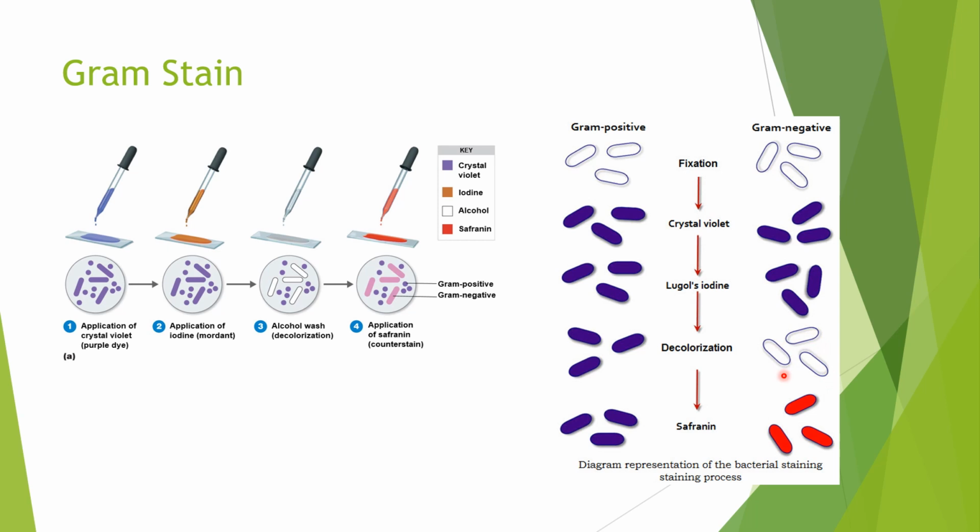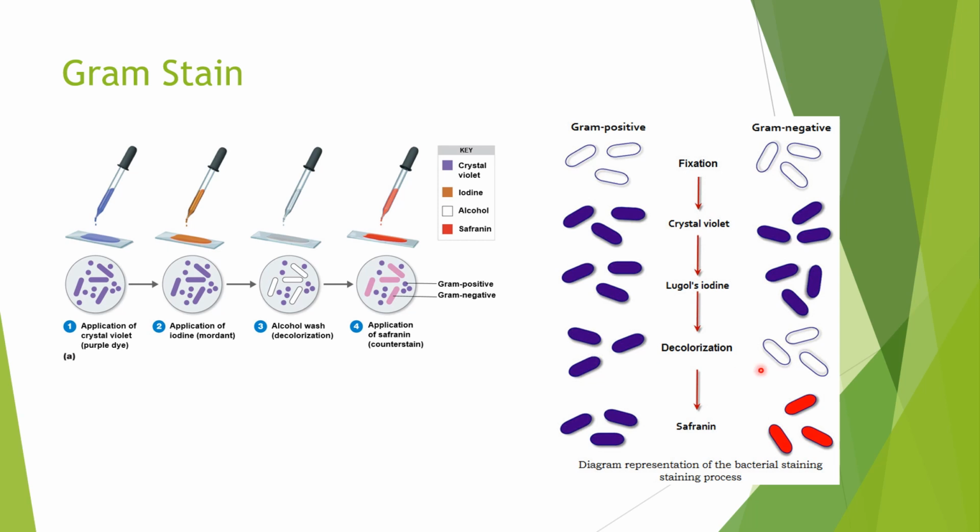notice how those that have a pretty thin layer of peptidoglycan are going to lose the crystal violet. You're like, but wait a second, I thought the iodine is supposed to make it hard for that crystal violet to be washed off. Correct. But it's only going to make it hard to be washed off if the bacteria has a thick layer of peptidoglycan.